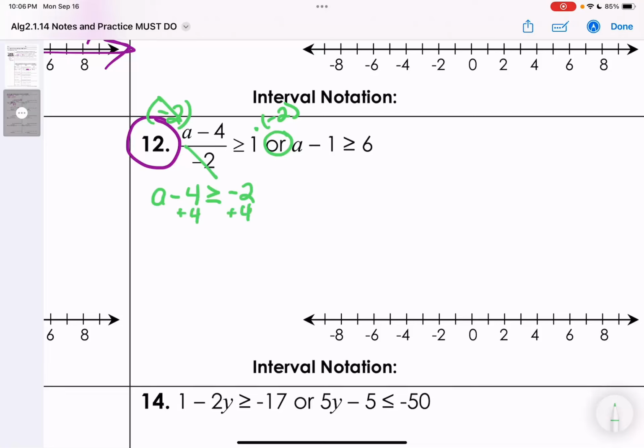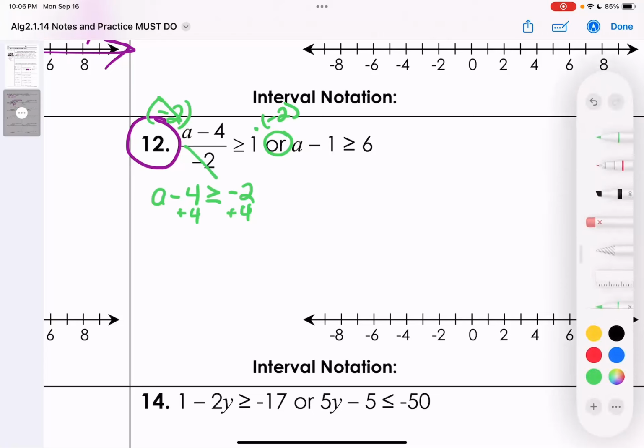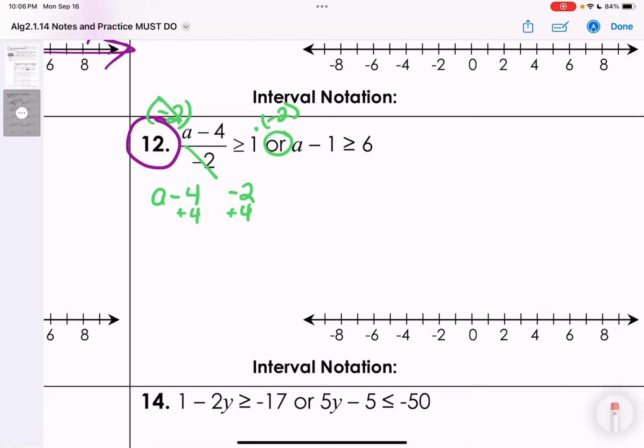Oh, hang on, because I multiplied by a negative, the same thing happens, that I flip the sign. So now I'm going to have a less than or equal to 2. And over here, I just add 1.